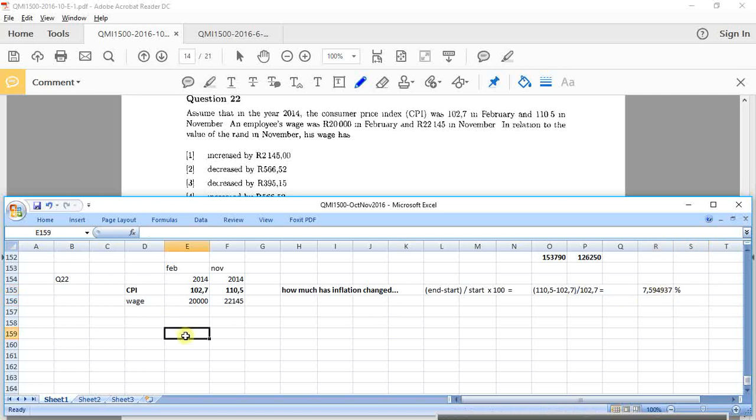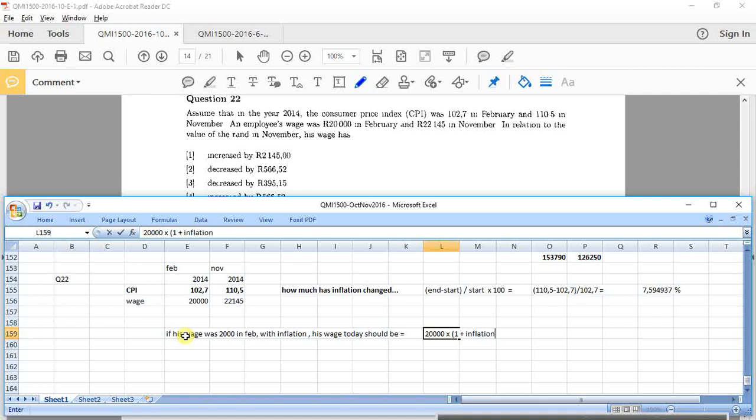Alright, so do you agree if his wage was 20,000 in Feb, with inflation, his wage today should be, okay, let's see what it should be. It's going to be the 20,000 times 1 plus the rate of inflation.